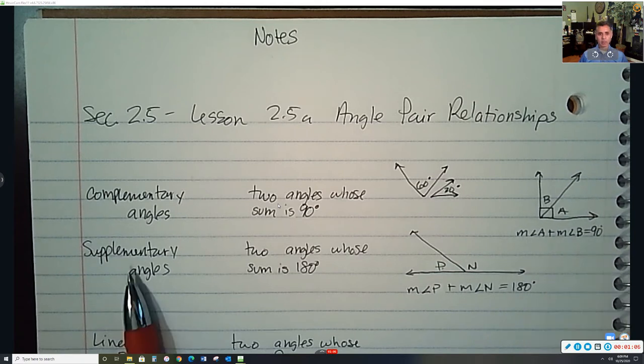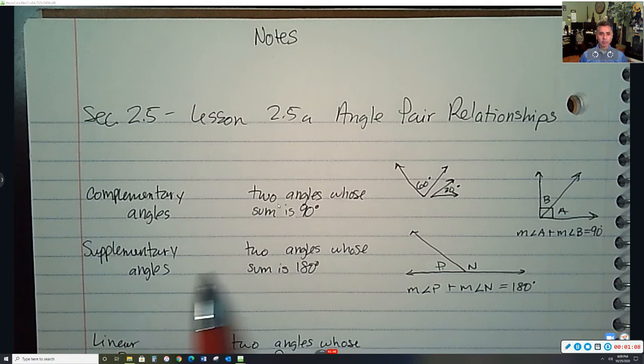And then a different one we've talked about, supplementary angles. That's when the measure of two angles equals 180 when you add them, okay? Two angles whose sum is 180, more simply put.